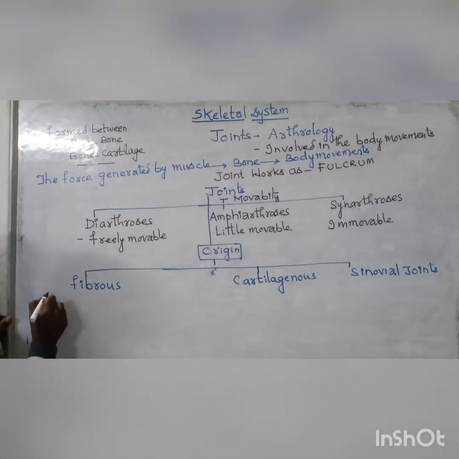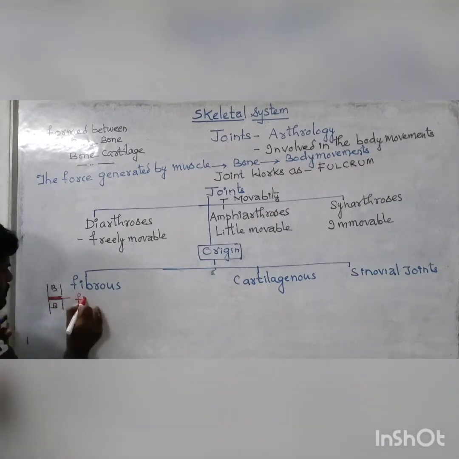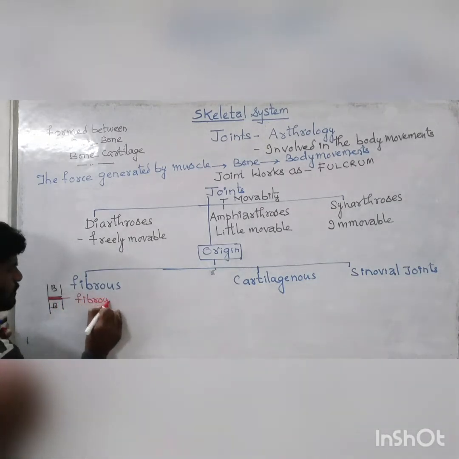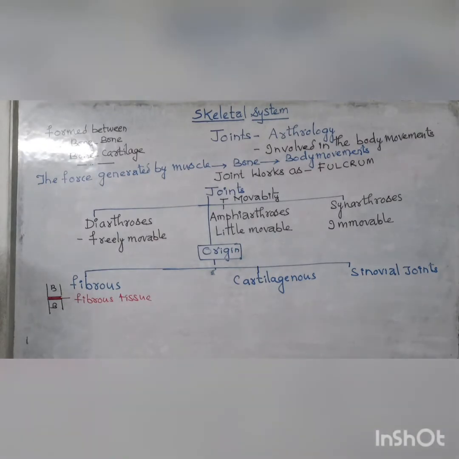See, for example, this is a bone and this is another bone. Between the two bones, there is a fibrous connective tissue. It's a fibrous tissue between the two bones, hence it is called a fibrous joint.